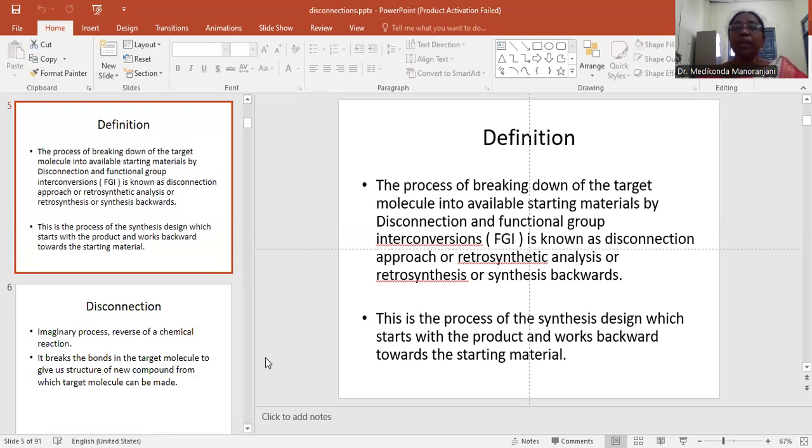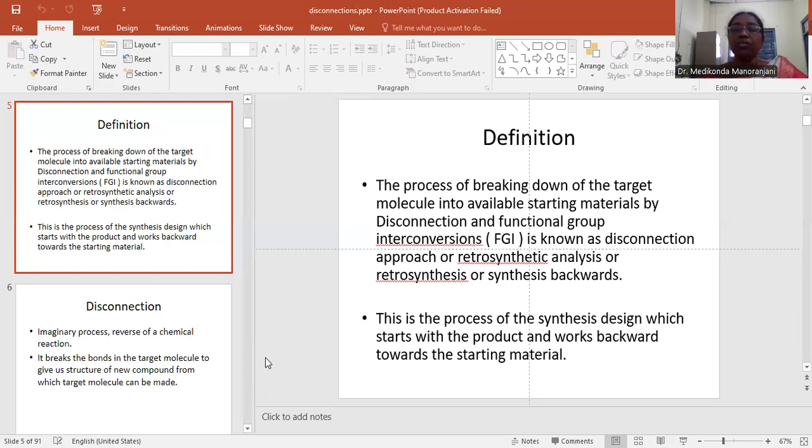Now let us see the definition of retrosynthetic approach. The process of breaking down the target molecule into available starting materials by disconnection and functional group interconversions is known as the disconnection approach, retrosynthetic analysis, retrosynthesis, or synthesis in the backward direction.